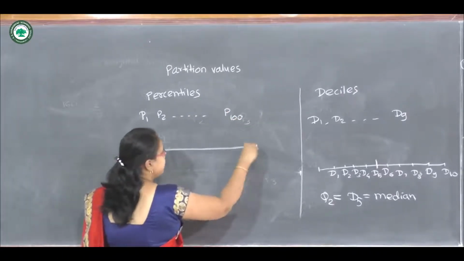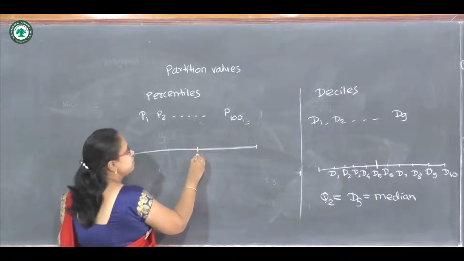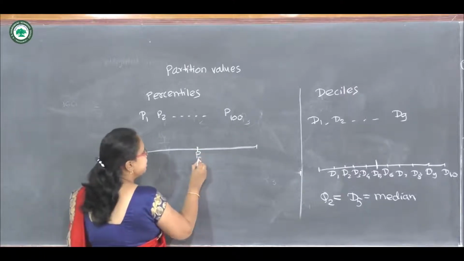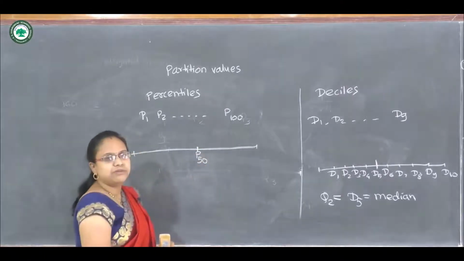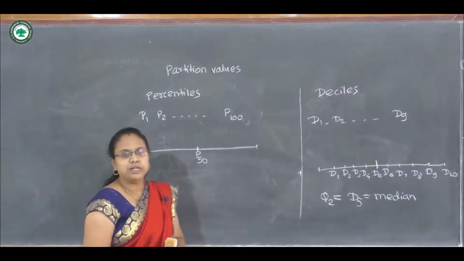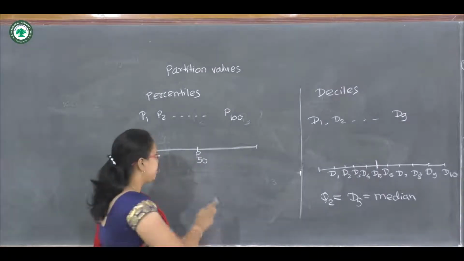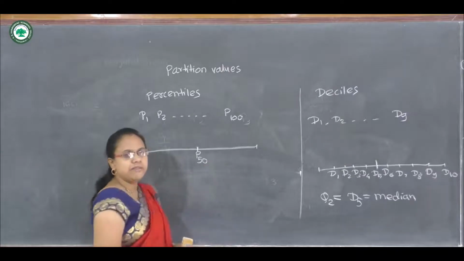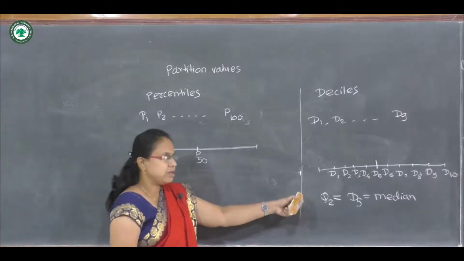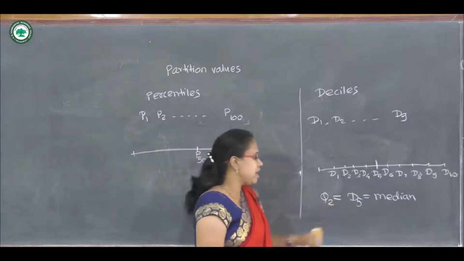Here on the line we can see that the middlemost partition value is P50, which will divide the data into two equal parts. Therefore, this P50 will be the same as Q2, that is D5, that is our median.